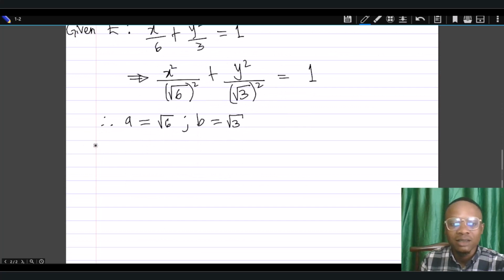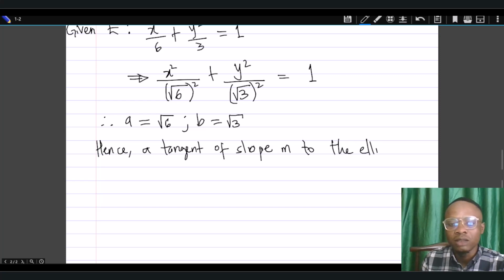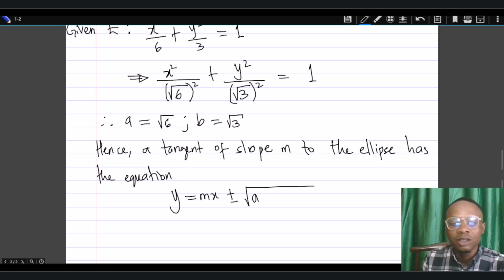So we now say that hence, a tangent of slope m to the ellipse has the equation, we expect that to be y equals mx plus or minus the square root of a squared m squared plus b squared.